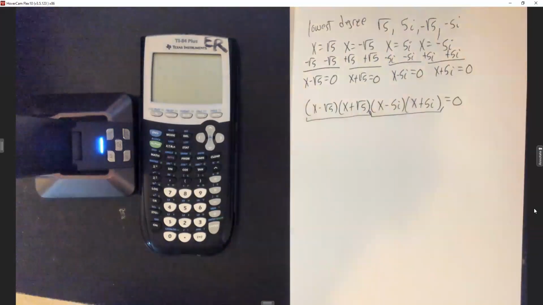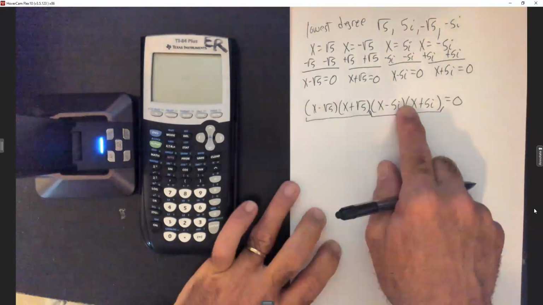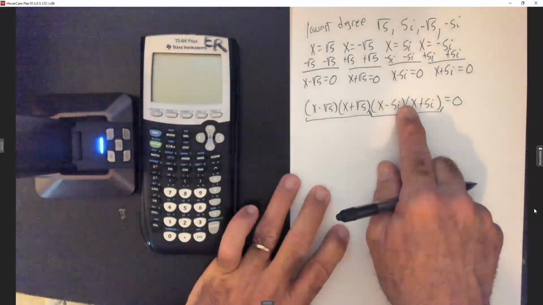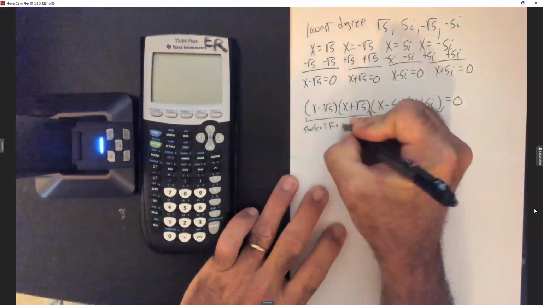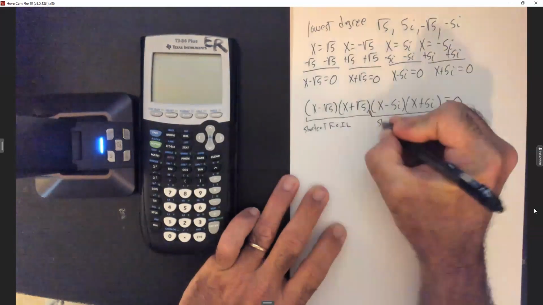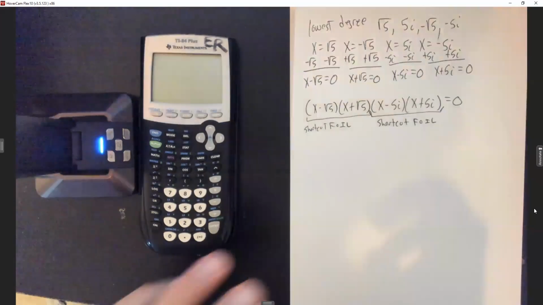But since these are conjugate pairs and these are conjugate pairs, I'm going to shortcut FOIL so that I don't have to worry about canceling the middle stuff that's going to cancel anyway.